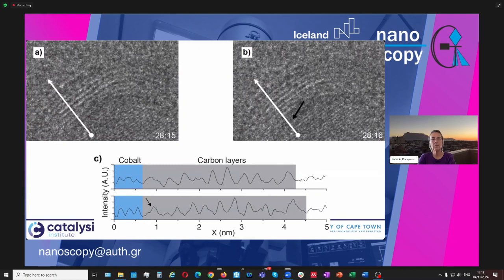So if you look at the bottom figure, you see that the cobalt particle itself is indicated in blue here, and then the carbon layers are indicated in gray. And you can clearly see a shift in the whole packet of carbon layers between the two frames. So that's where a new carbon layer has been inserted.